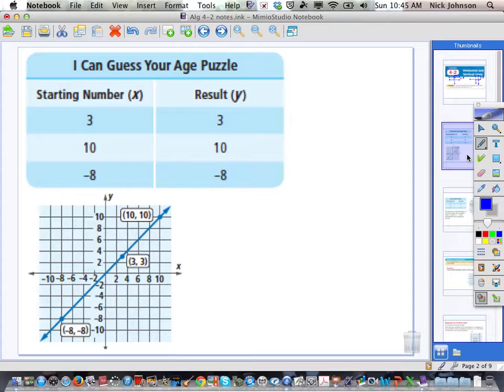If you remember from a previous example in our book, I Can Guess Your Age puzzle, they gave us a table starting with the number is our x value, the result is our y value, so they created a table 3, 3, 10, 10, negative 8, negative 8. If you were to graph these points, you get those here.